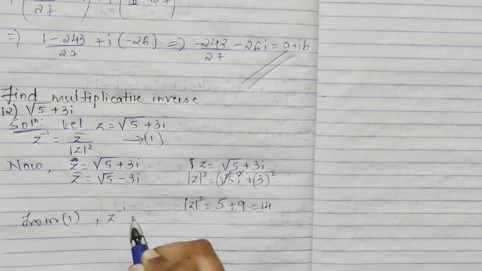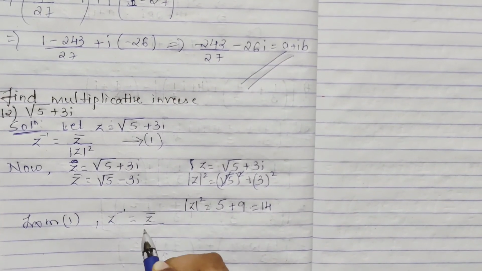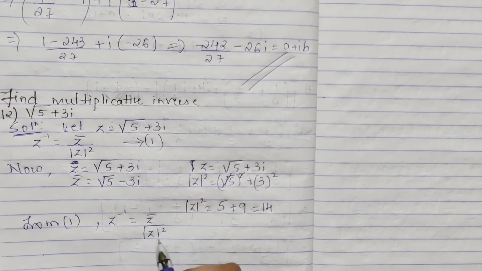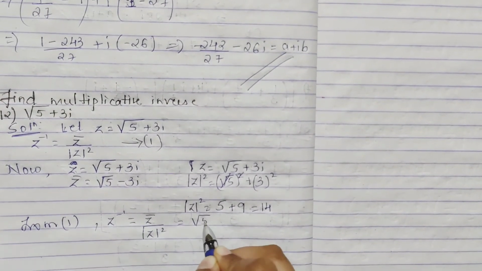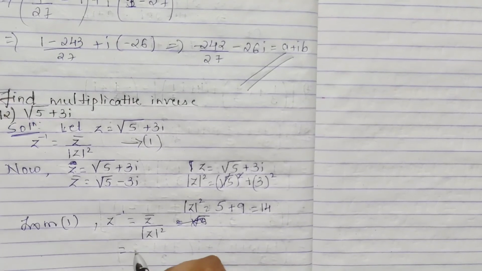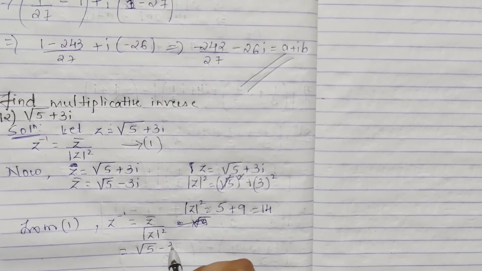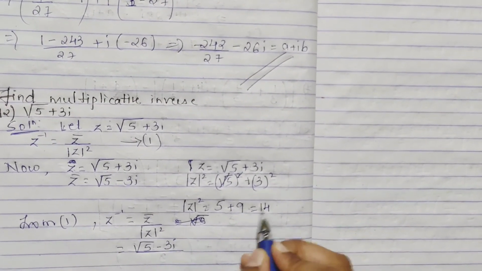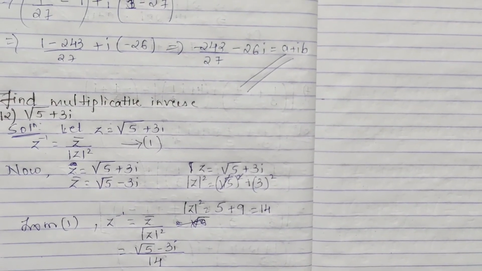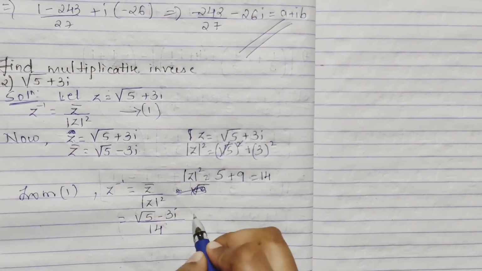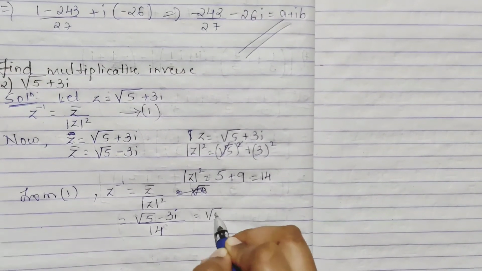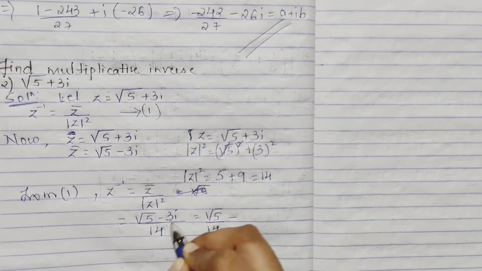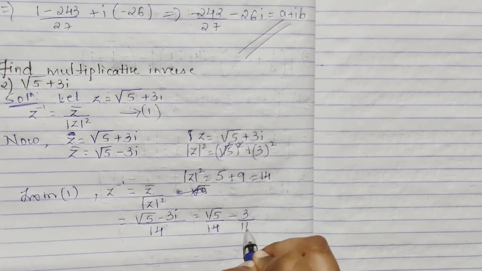Z inverse is equal to conjugate by modulus square. So conjugate you have root 5 minus 3i whole divided by 14. Modulus square you have got 14. So split it in your a plus ib form. Your a is root 5 by 14, minus your b is 3 by 14i.